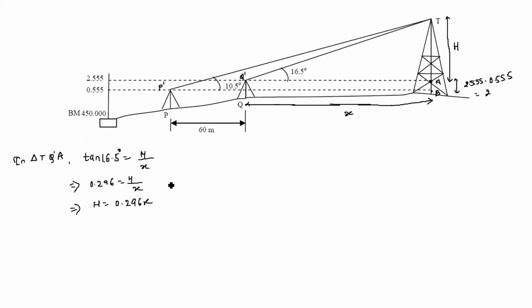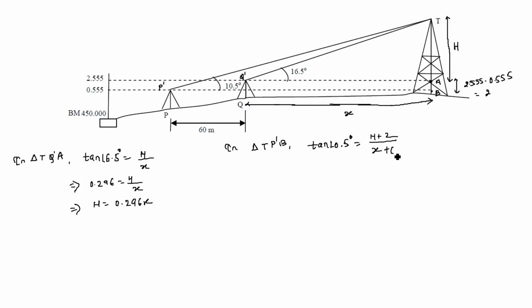Now, coming to the triangle T P dash B. In this triangle we can write tan 10.5 degree is equal to h plus 2 divided by x plus 60.